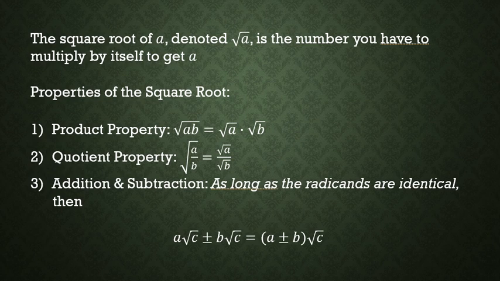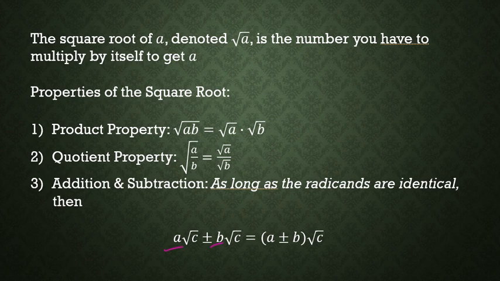As long as all the radicands are identical, then a times the square root of c plus or minus b times the square root of c is equal to a plus or minus b, then times the square root of c. You're only adding or subtracting the numbers in front of those square roots. You're never actually adding or subtracting the radicals and/or the radicands.